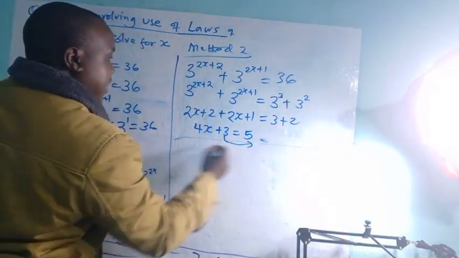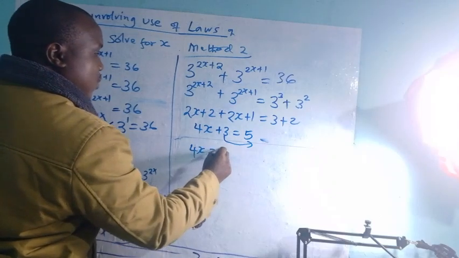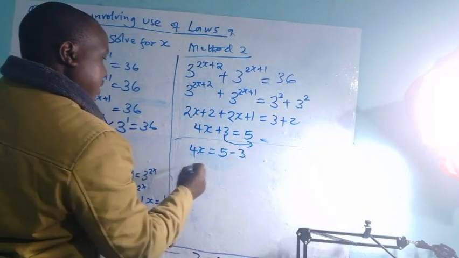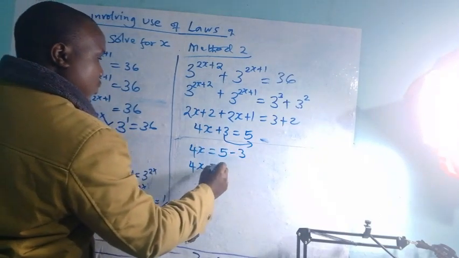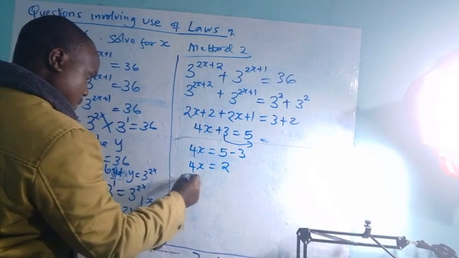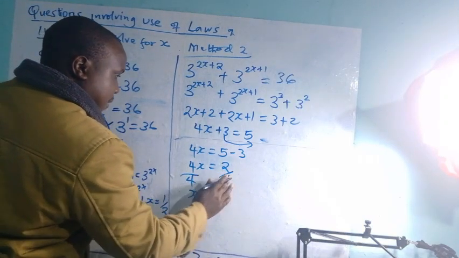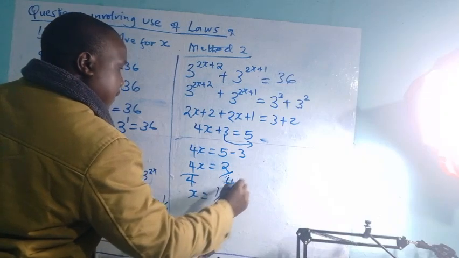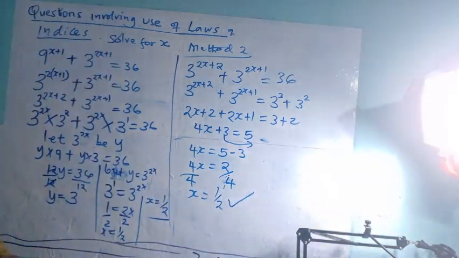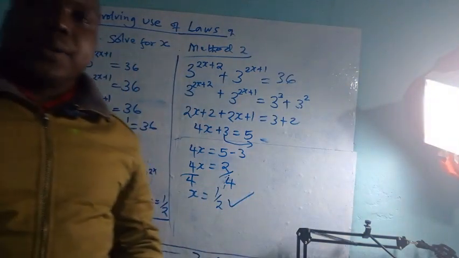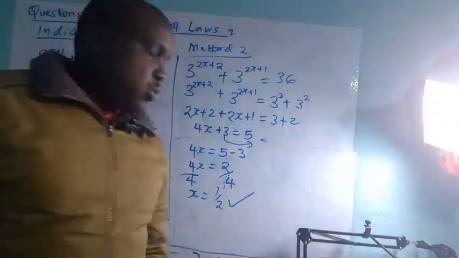Take this to the other side. 4x is equal to 5 minus 3. 4x is equal to 2. Divide by 4. x is equal to half. So that's how you can handle that using method 2.